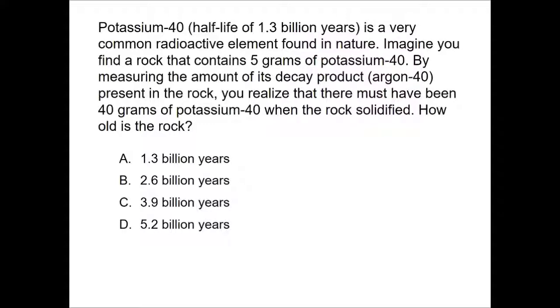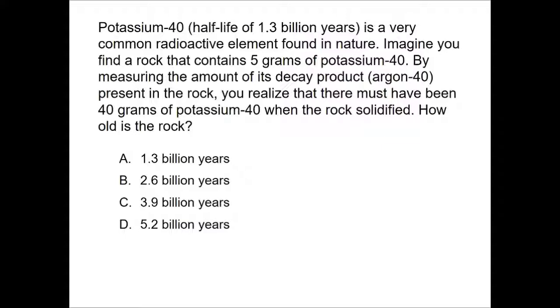Imagine we find a rock that contains 5 grams of potassium-40. Potassium-40 decays into argon-40; that's the byproduct. You realize that the rock, through other means, must have had 40 grams to begin with. Now you want to figure out how old the rock is.